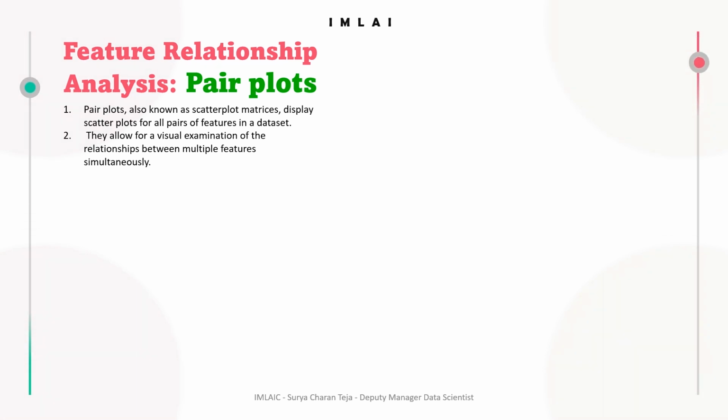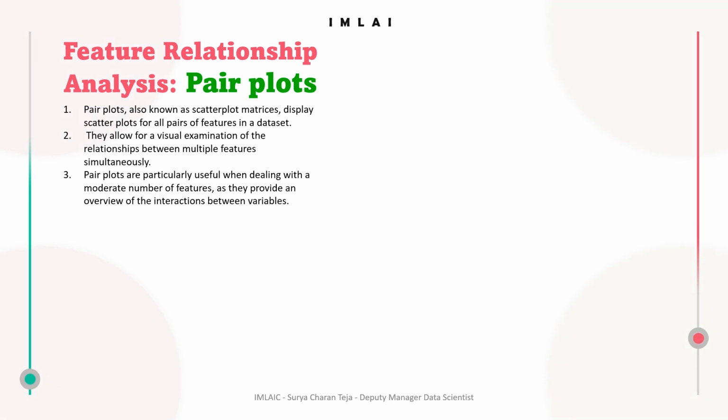So they allow for a visual examination of the relationships between multiple features simultaneously. Pair plots are particularly useful when dealing with a moderate number of features, as they provide an overview of the interactions between variables.